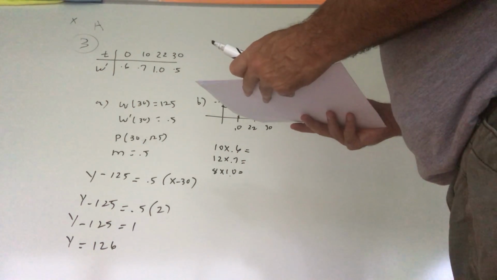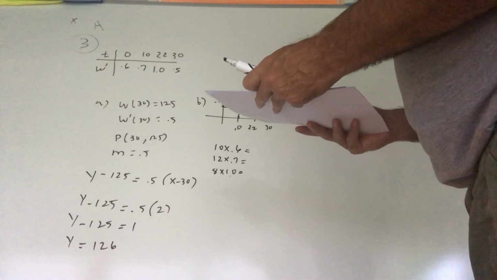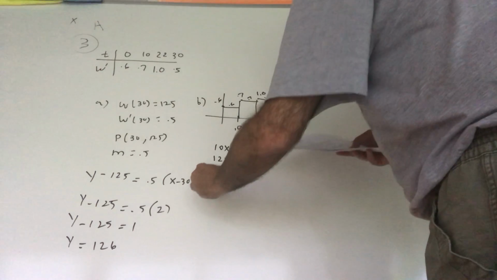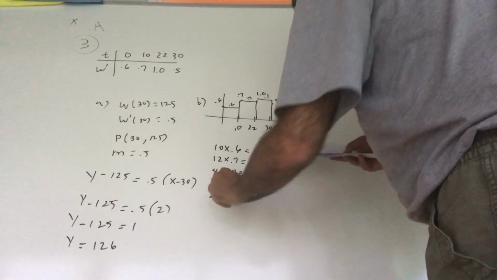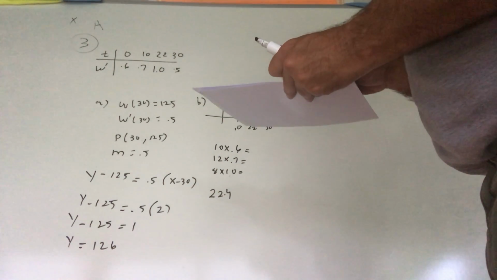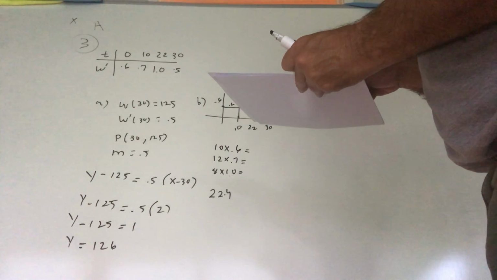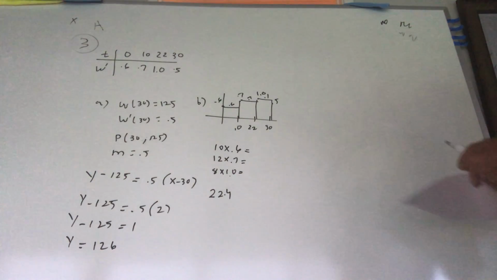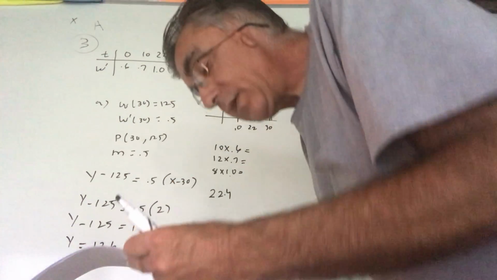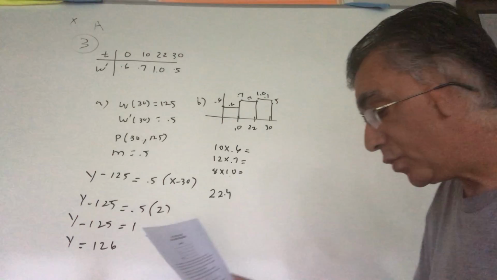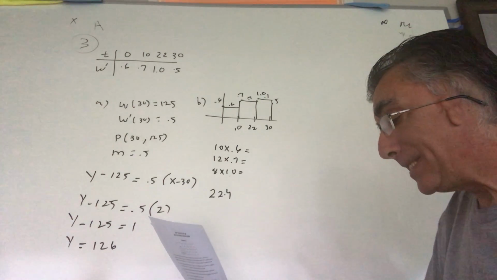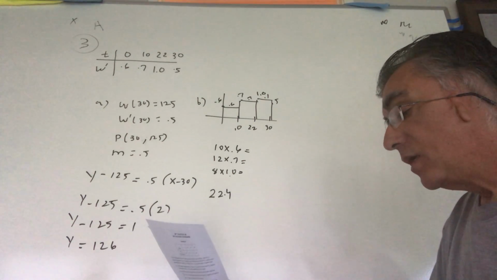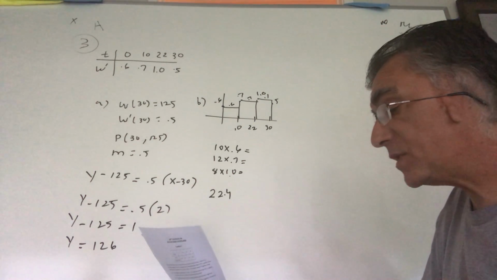Okay, so that adds up to, I'm going to just try to cheat here and look at the answer, just double check, make sure I did it right. 10 times 0.6, 12 times 0.7, yeah. That adds up to 22.4.